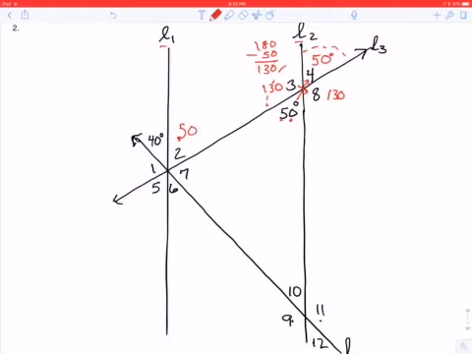Well, once I know angle 2, I can also find angle 5 because they're vertical angles, and vertical angles are equal. Now, angle 6, I can do that pretty easily because it's vertical to the 40-degree angle. Again, vertical angles are equal.